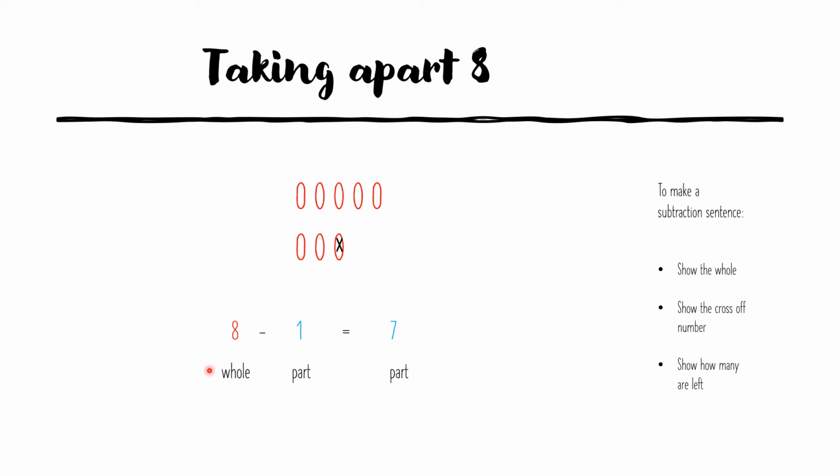So our equation reads like this. 8 take away 1 equals 7. Now remember, your equation should match your, you got it, kiss your brain. It should match your number bond. The same numbers that you have in your equation should also be in your number bond. If it isn't, something went wrong and you might want to go back and check it.